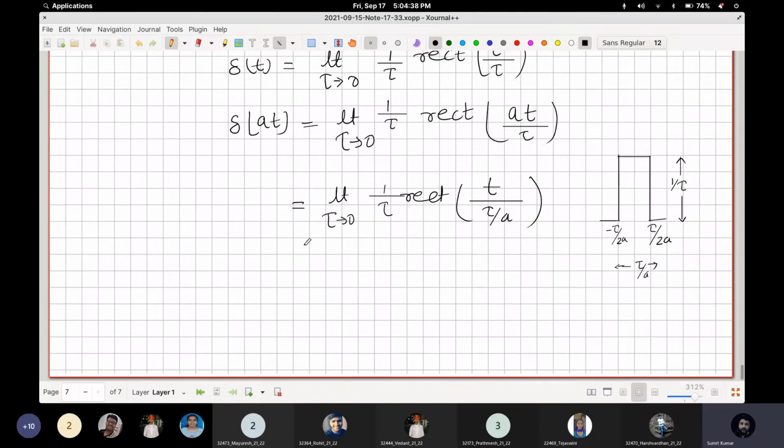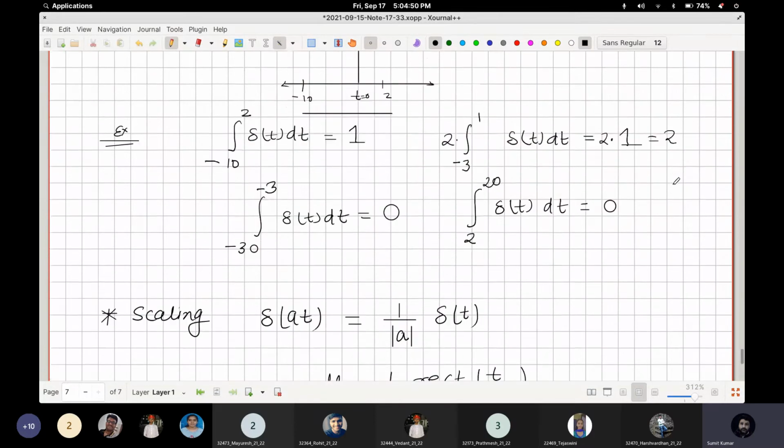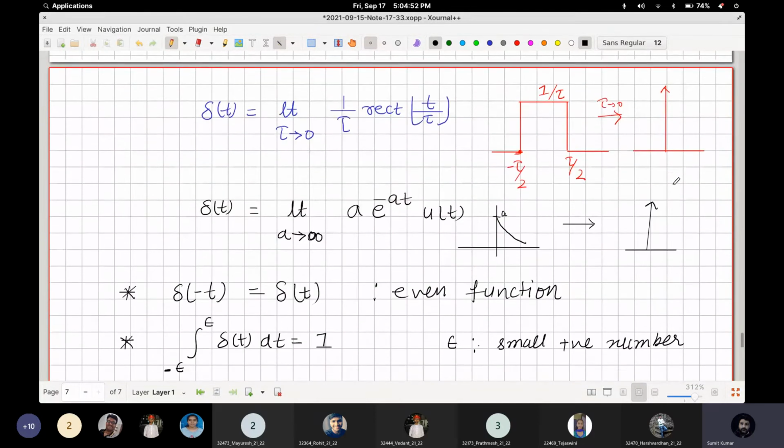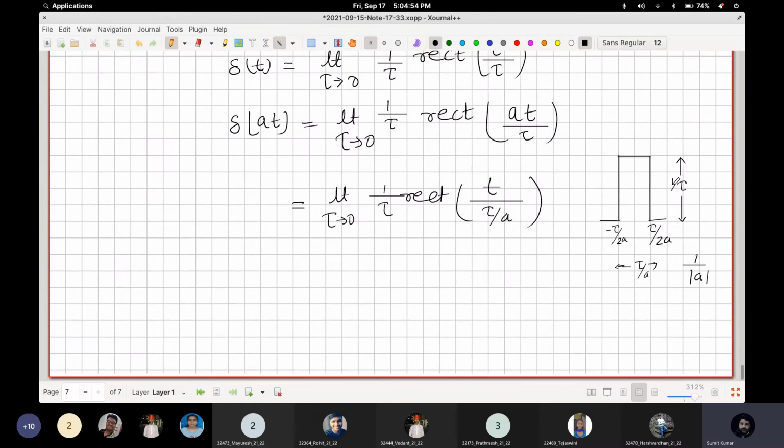It means its area will be equal to 1 upon mod A, no matter whether A is positive or negative, right? So you can see previously when the area was equal to 1, we got delta t. Now the area is equal to 1 upon mod A. And when tau tends to 0, it's still going to assume what is known as an impulse, isn't it?